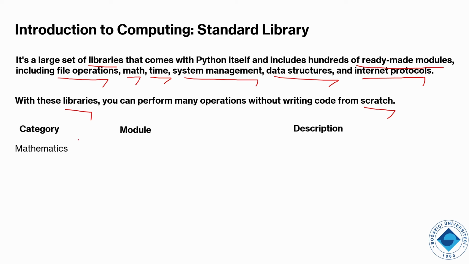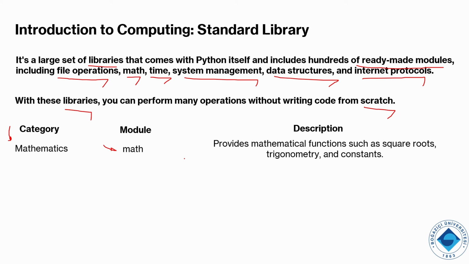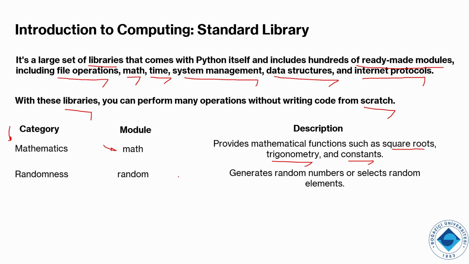Let me give some examples. In mathematics, we have the math module here, and it provides mathematical functions such as square roots, trigonometry, and constants. Random generates random numbers or selects random elements.